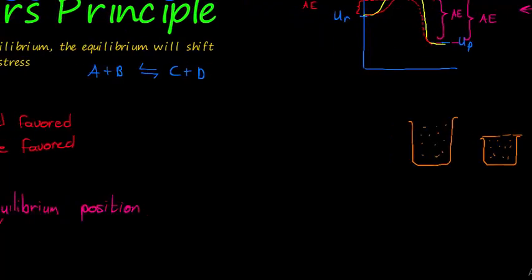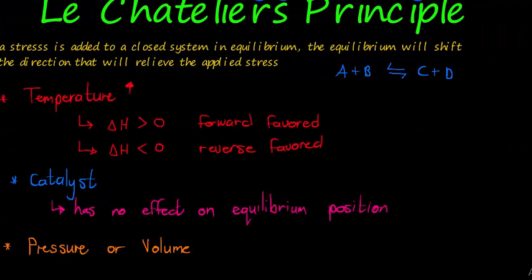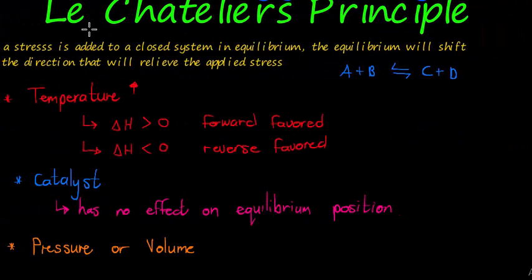Okay, now that is why, when we increase pressure or volume, in order to understand the effect that Le Chatelier's principle has, we have to go in and look at the moles. And I've told you before, I like to put little lowercase letters in front here to represent the moles.